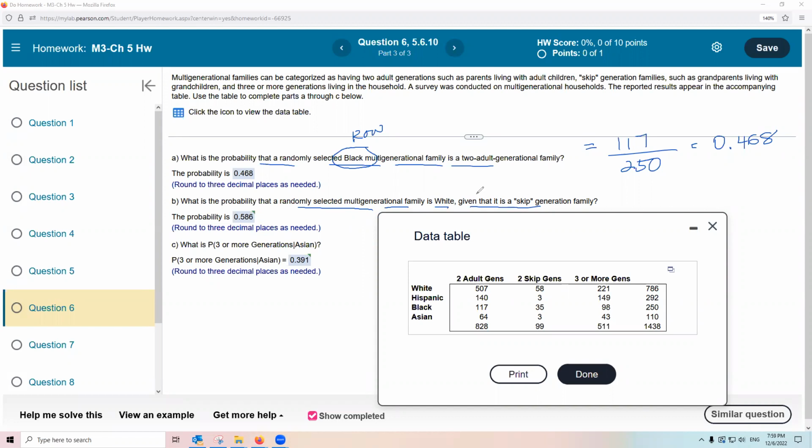Now, when you see the word given, the word given is telling you, let me write it here. If you see the word given, what it's telling you is focus only on the row or column that's being specified in the given statement.